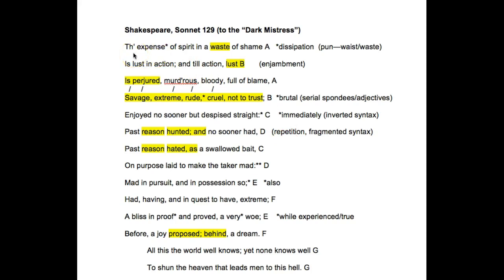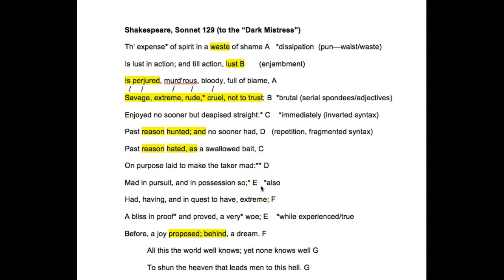The expense of spirit and a waste of shame is lust in action, and till action lust is perjured, murderous, bloody, full of blame, savage, extreme, rude, cruel, not to trust. Enjoyed no sooner, but despised straight, past reason hunted, and no sooner had past reason hated as a swallowed bait, on purpose laid to make the taker mad.